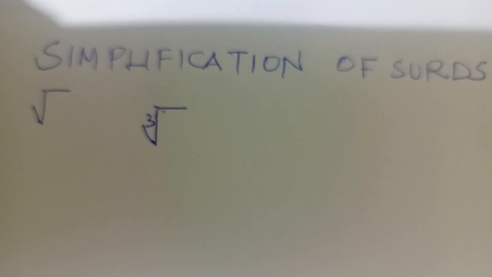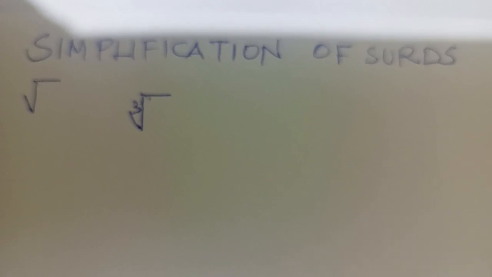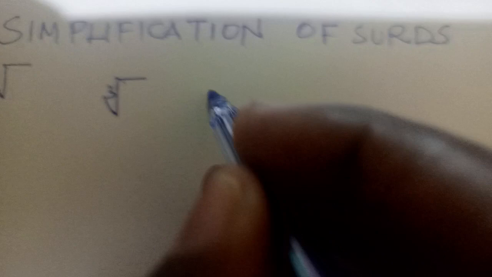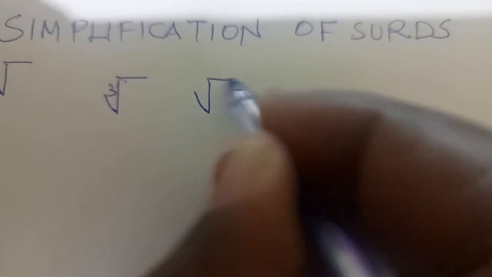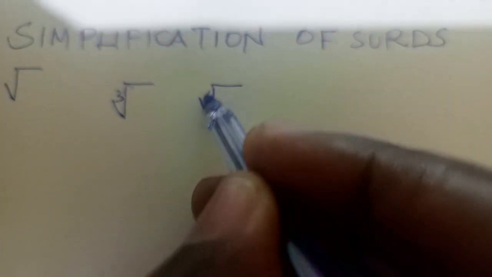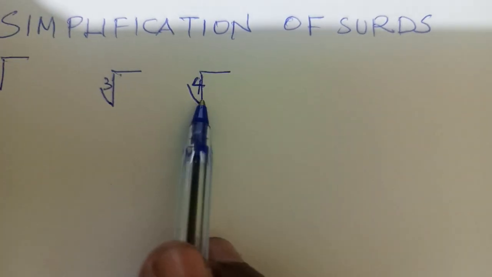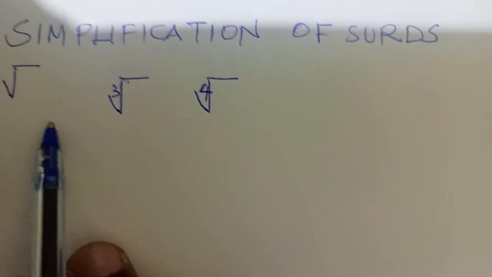In general terms, they are called roots, but we distinguish one root from another. If you have a radical with a 4 written there, we call this a fourth root.